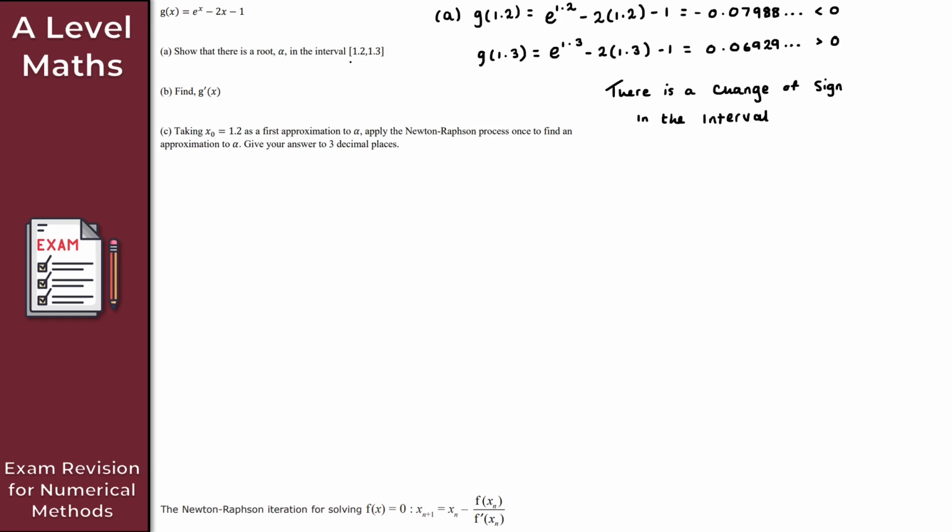So the interval then is 1.2 to 1.3. And this function here then, g, is also continuous. Let's make a note of that as well. And g here is continuous. My spelling's not the best, but there we go.